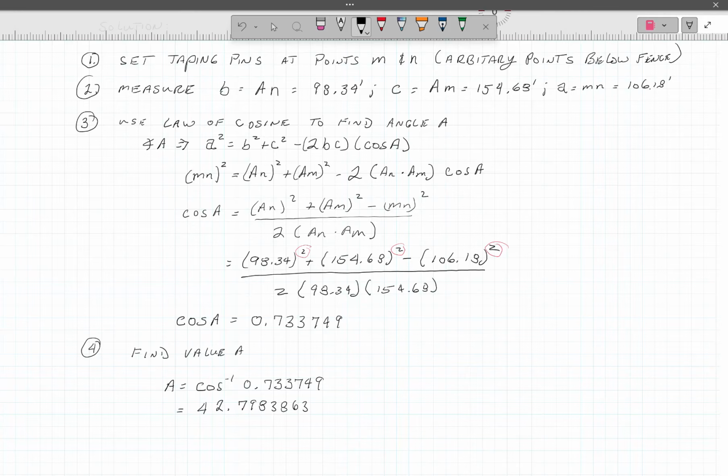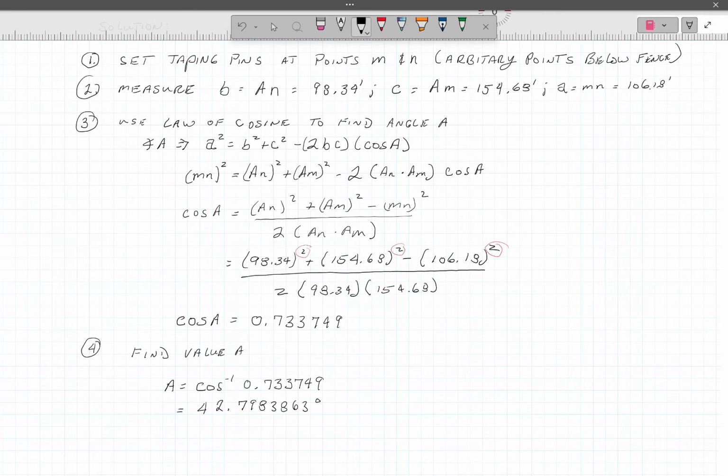Now, that gives us our angles in degrees as decimal, and I'm going to convert that. I got 42.7988363 converted.